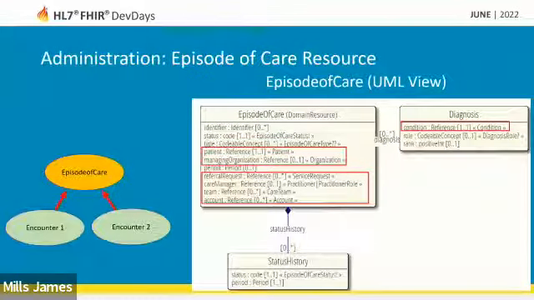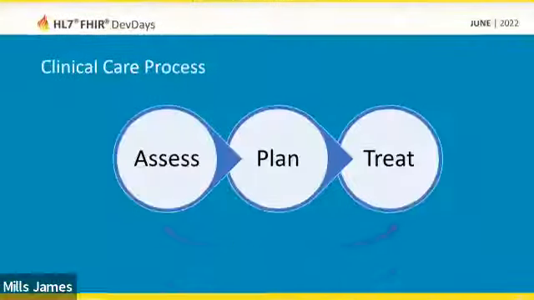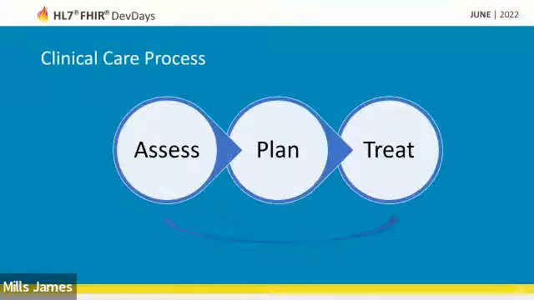So now let's talk about clinical care processes. Now I'm not a clinician, so clinicians in the room can try to keep me honest. But I would say that pretty much what happens in clinical care is a clinician is going to assess the patient.